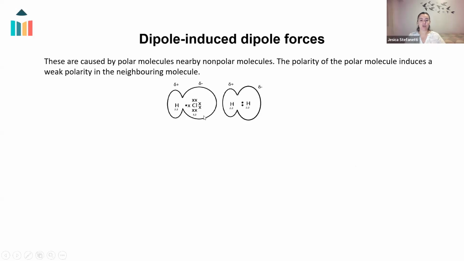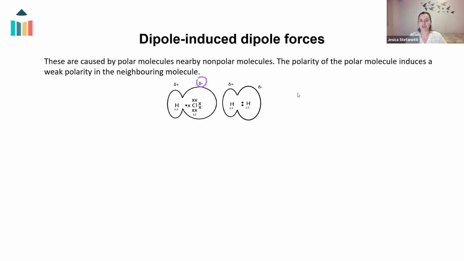Chlorine has a huge partial negative charge because it's more electronegative than hydrogen. If you have a non-polar molecule next to it, a dipole might be induced there. Keep in mind that the chlorine here will have a huge partial negative charge, and so electrons might go far away from the chlorine. This is an induced dipole.